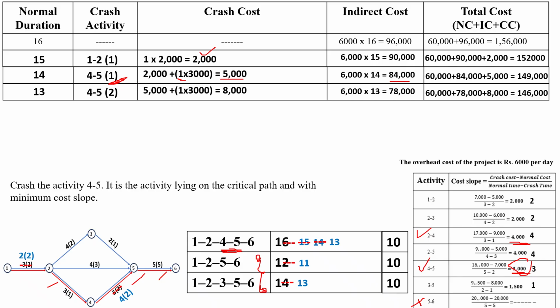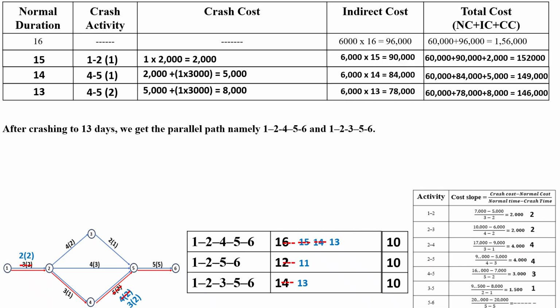Similarly, we have to see it in the network diagram also, where it is reduced to 3 days as the normal time and 2 days as the crashing time. Observe that after crashing to 13 days, we get a parallel path, namely 1, 2, 4, 5, 6 and 1, 2, 3, 5, 6.